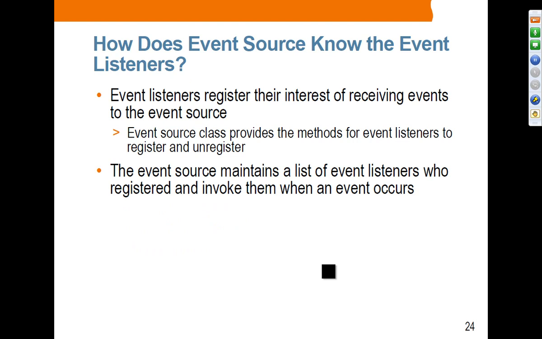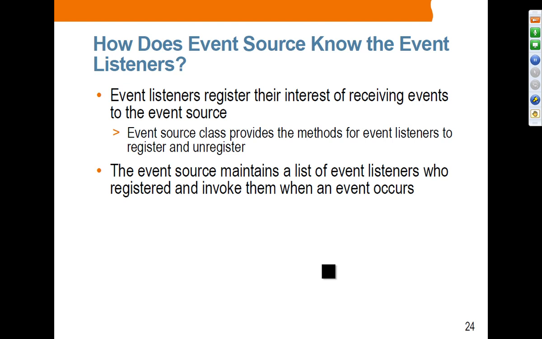Rephrased: how does the event listener let the event source know it is the one that wants to receive events? The way is that it registers its interest in receiving events with the event source. So the event listener has to perform some registration with the event source.